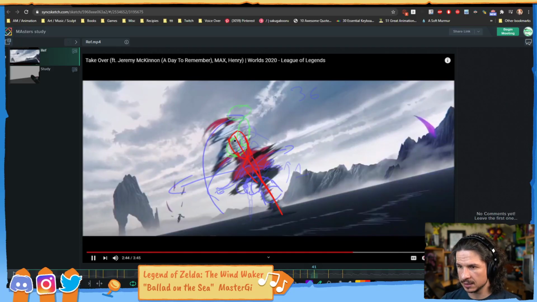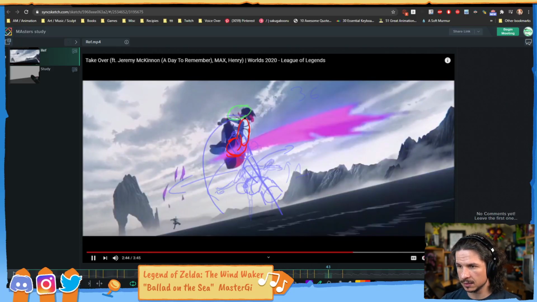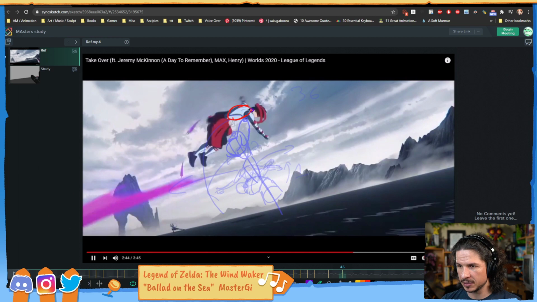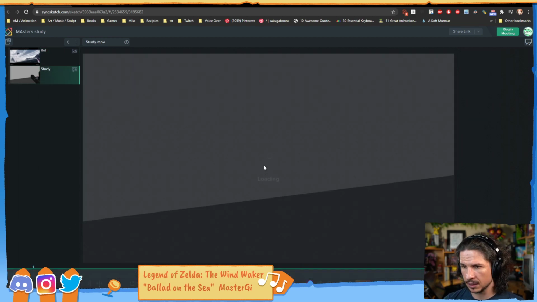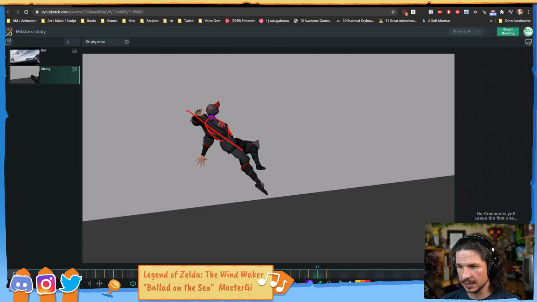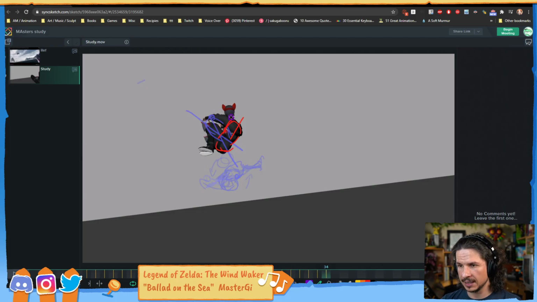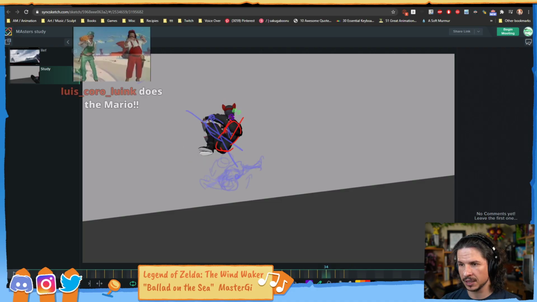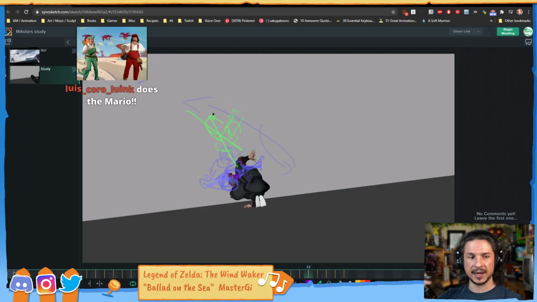The neck keeps traveling in an arc right through there. Now if we look at this, as this is happening, the neck goes there, and then it goes forward. So it's going forward, and then over, and then up, and then down again. So you're losing that weight in the character.